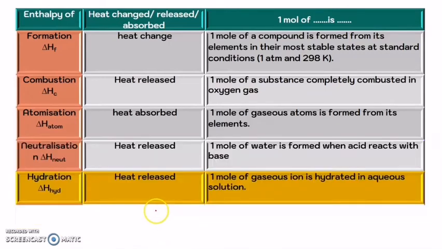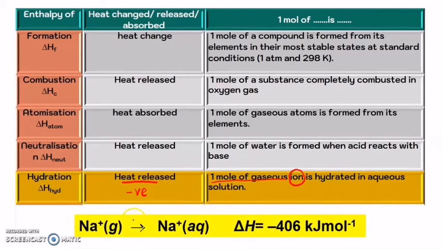The next enthalpy is enthalpy of hydration. It is heat release. Delta H will be negative when 1 mole of gaseous ion in the gas phase is hydrated in aqueous solution. Let's look at the example.